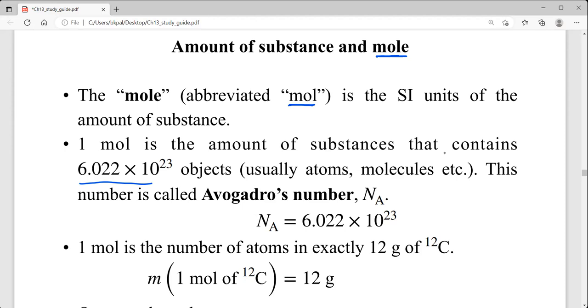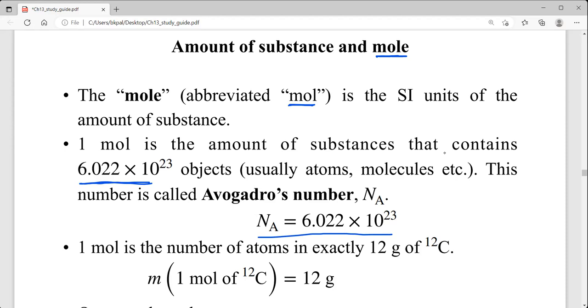This number has a special name. It is called Avogadro's number, and we use N subscript A to represent Avogadro's number. So Avogadro's number is 6.022 times 10 to the power 23.